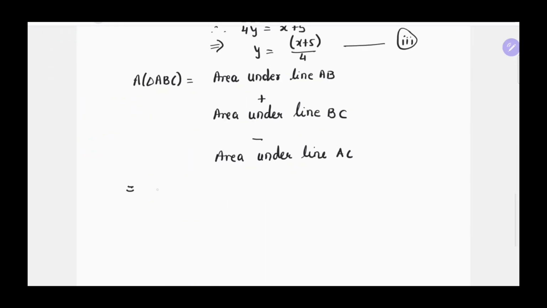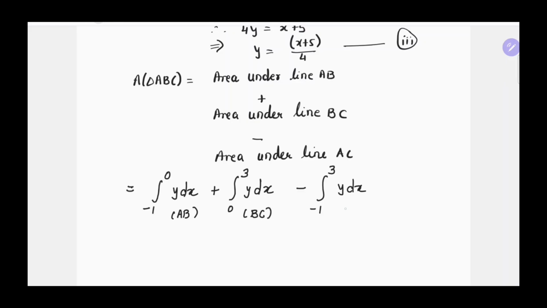We'll use the formula of integration. Integral from -1 to 0 of y dx, this is for AB, plus integral from 0 to 3 of y dx, this is under line BC, minus integral from -1 to 3 of y dx under the line AC.